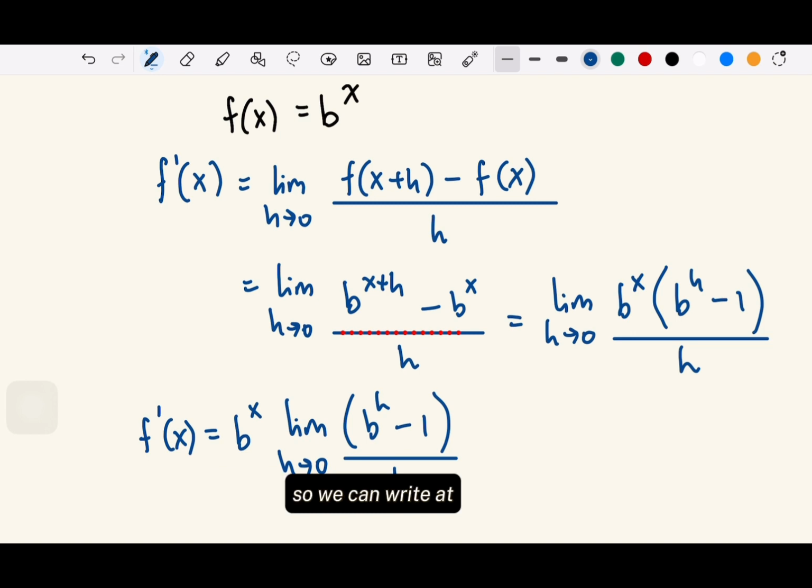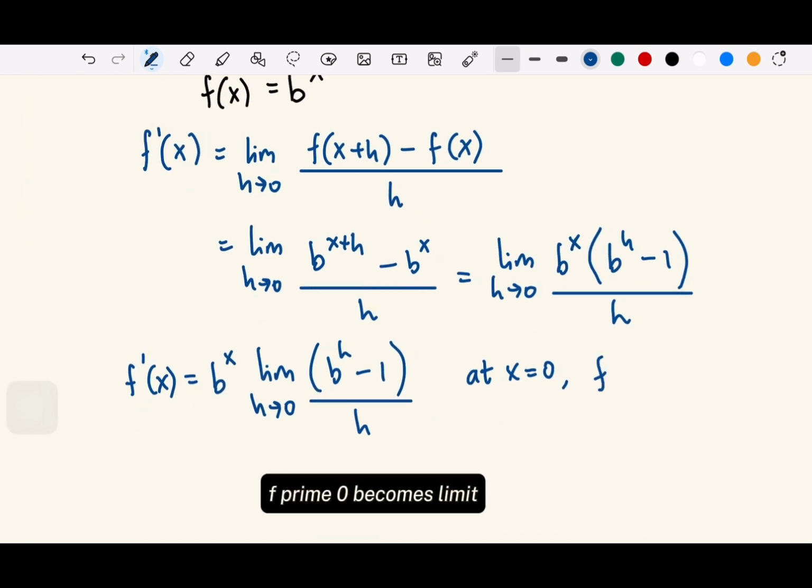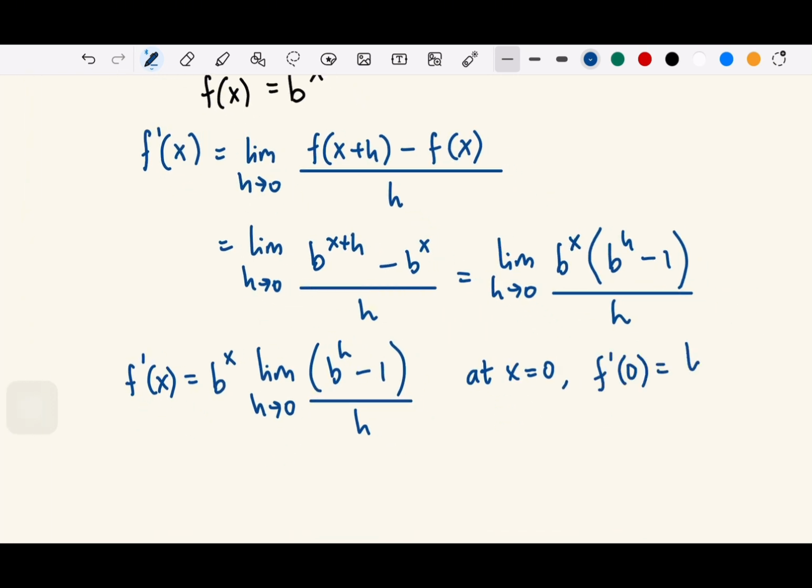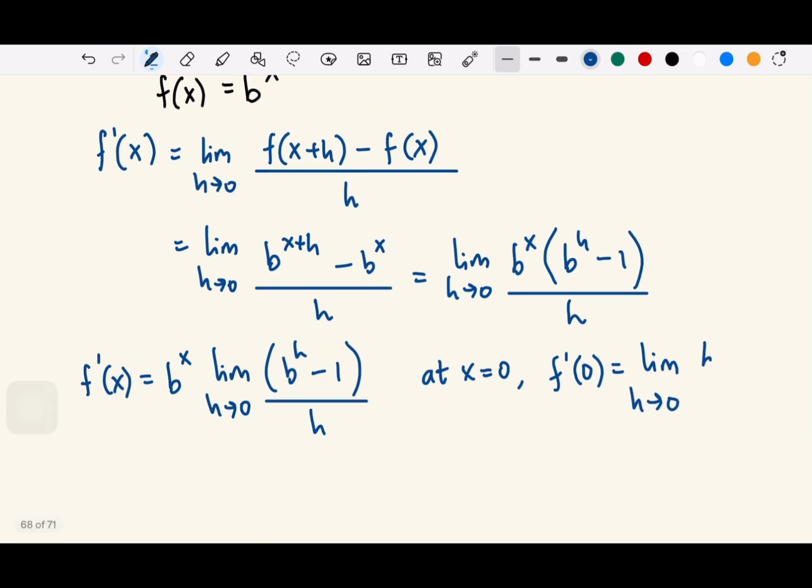So we can write at x equals 0, f prime 0 becomes the limit.